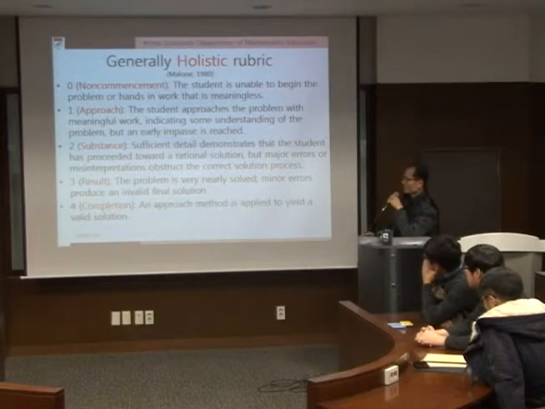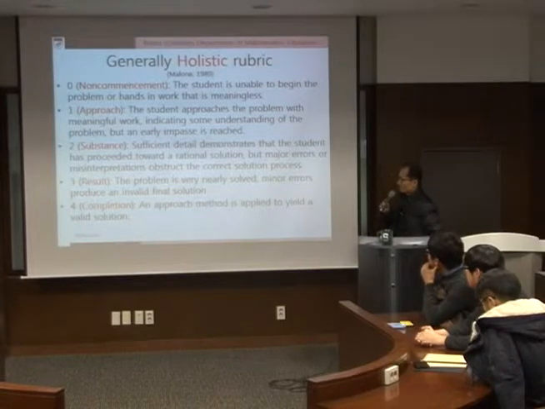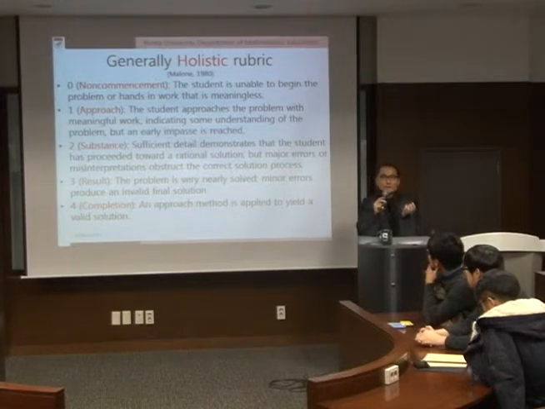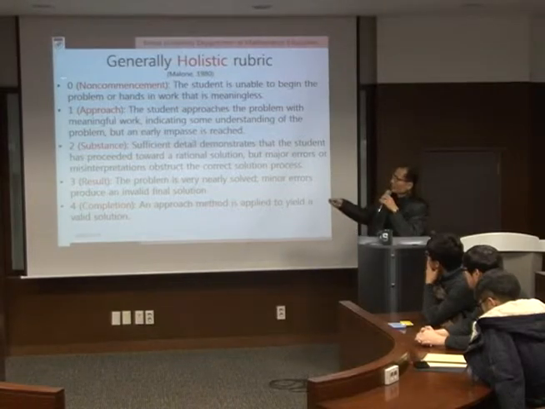The fourth, completion. An approach or method is applied to yield a valid solution. In other words, the answer is correct and the problem solving process is correct, then obviously you should provide full credit, right?